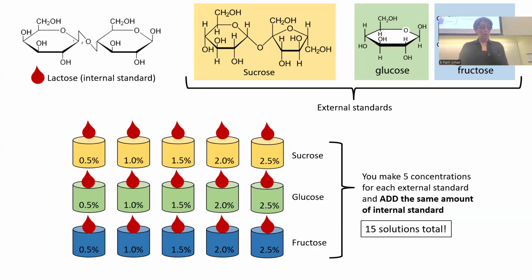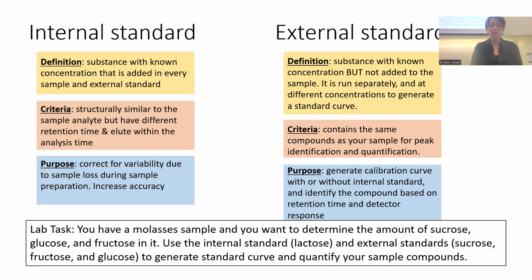Okay, so the example here is that you want to determine the amount of sucrose, glucose, and fructose in a molasses sample. It doesn't have lactose naturally. Lactose is a sugar you find in dairy. So lactose can be the perfect internal standard.